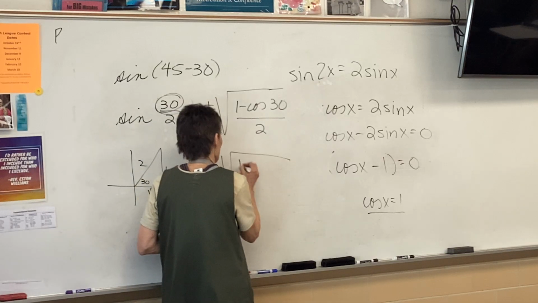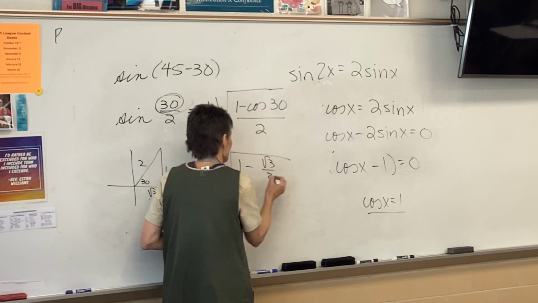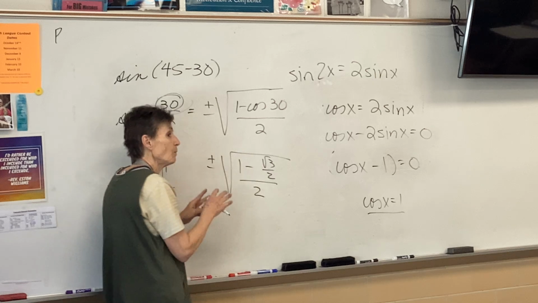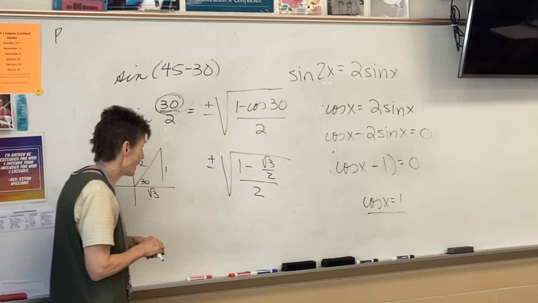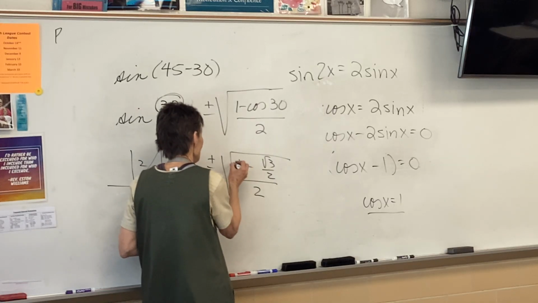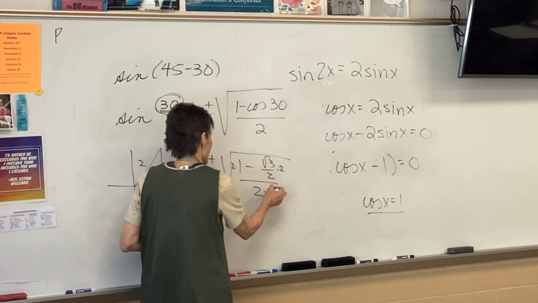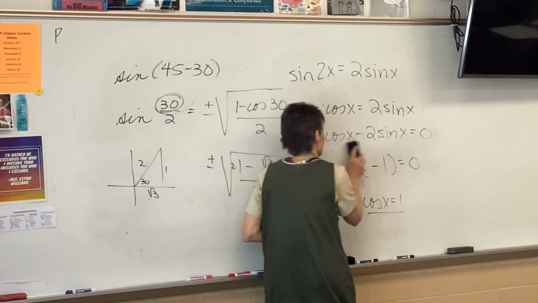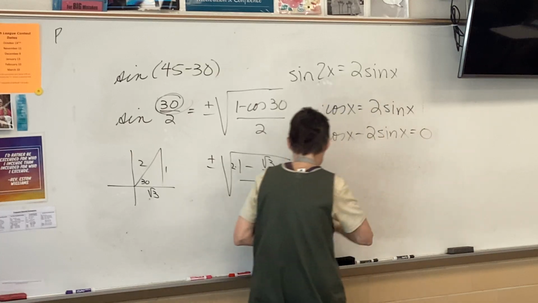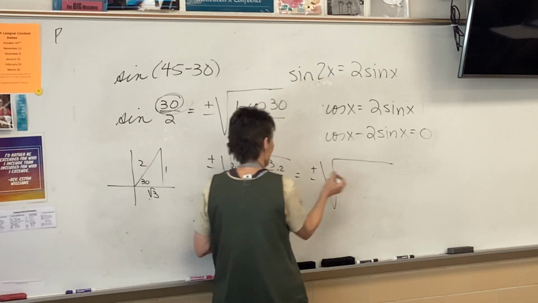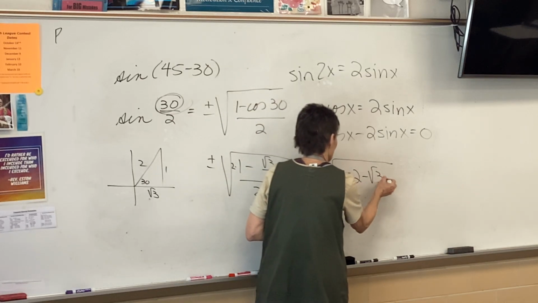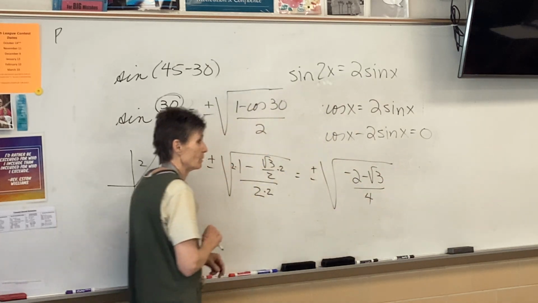So I have 1 minus root 3 over 2, over 2, and that whole thing is under a radical. We're gonna multiply everything by 2, and when we do that, we're gonna end up with 2 minus root 3 over 4. All that is now under the radical.